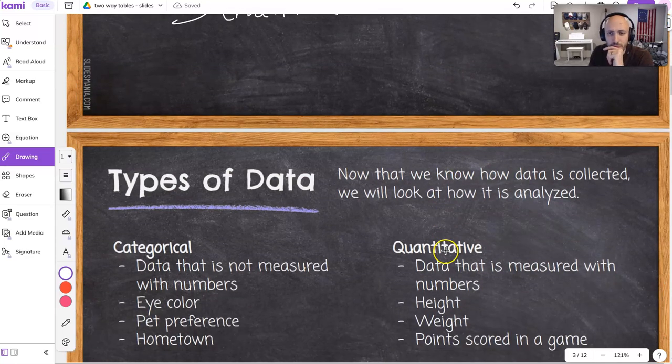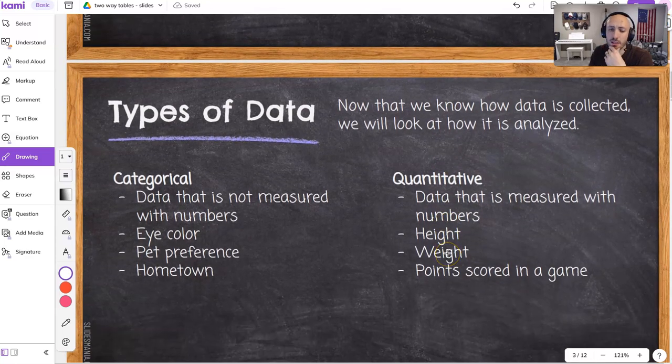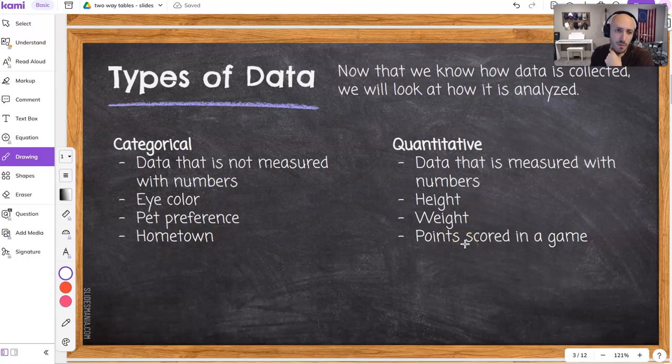Let's move on. So now that we know how data is collected with these different sample methods, let's look at how it's analyzed and what we can do with it afterwards. So the first thing we need to talk about is the 2 main types of data. We've got categorical data and quantitative data. Categorical data, with the root word category, is data that is not measured with numbers.